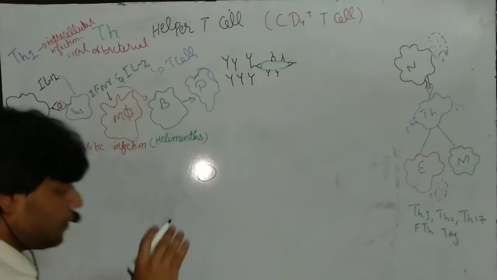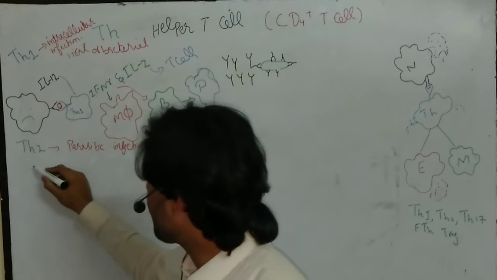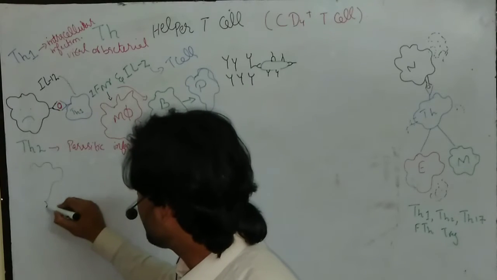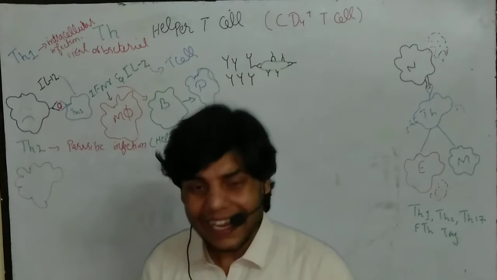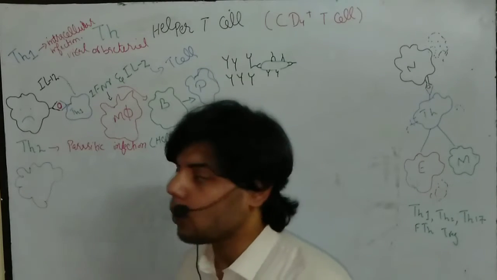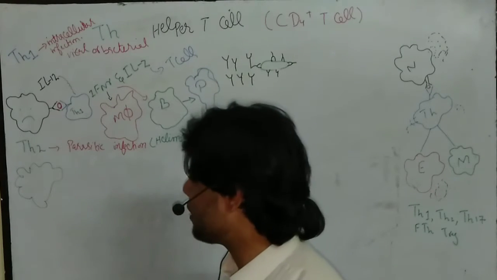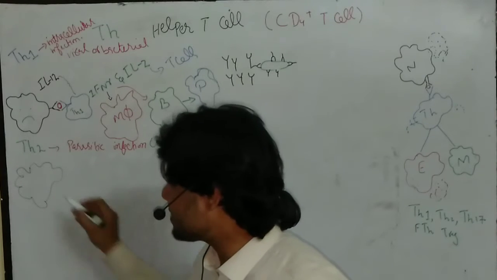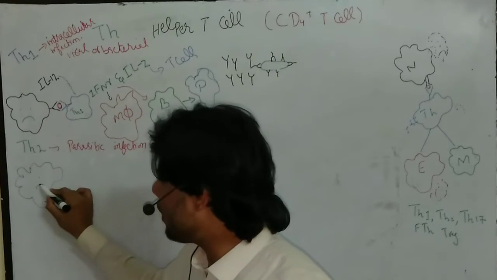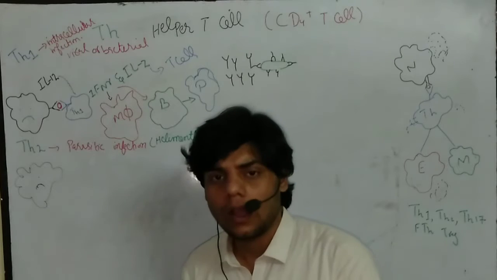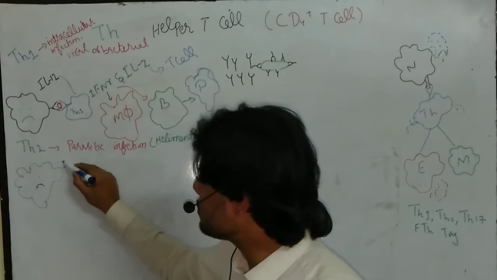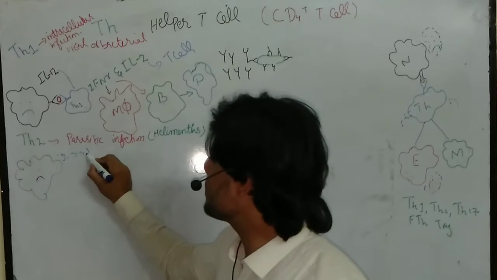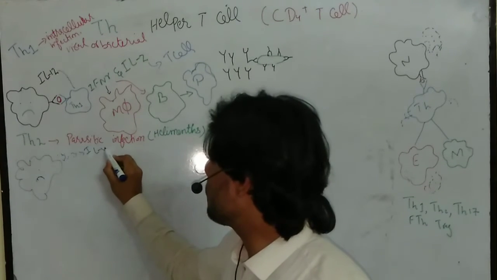Let's suppose this is again a normal cell of the body, or an epithelial cell of the body, and if it gets infected or disturbed, then they will secrete some kinds of interleukin, as you can see. These interleukins are called interleukin 4.